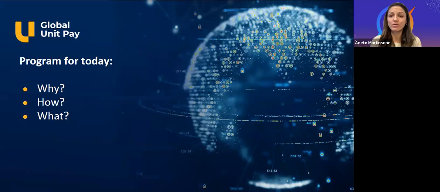So yeah, let's move on to the next slide to see what kind of program we have for today. Today's program is why, how, and what. That's so simple, but a lot of times when we talk about projects, when we talk about anything that we do, we very much focus on the what part. Sometimes we think about the how, but we forget about the why. So we're gonna fix that.